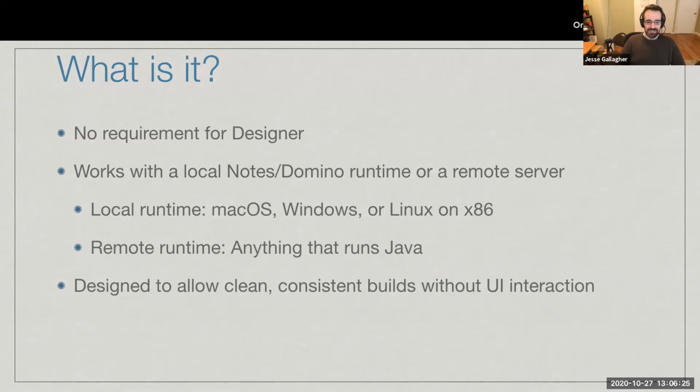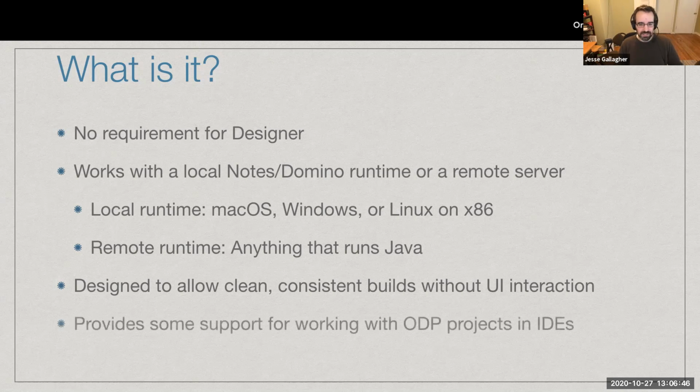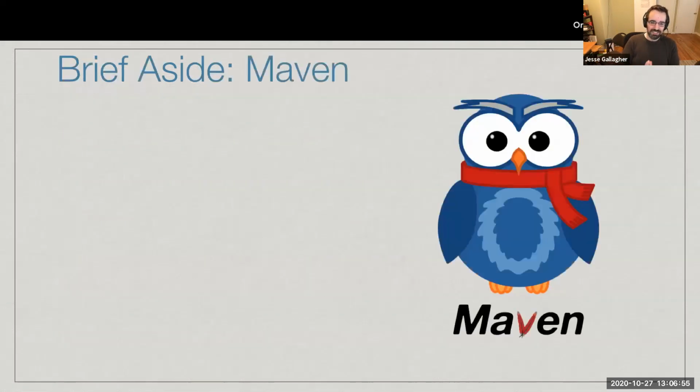And even with headless Designer, it'll kind of show up in the UI, and it's weird and ends up strange and not as clean and consistent, because the way Designer is set up could change or break run over run. This is a way to say, I want this ODP and I want to create an NSF the same way every time. It also provides some support for working with ODP projects and IDEs. I'll get to that later; it will be the fourth component I talk about.